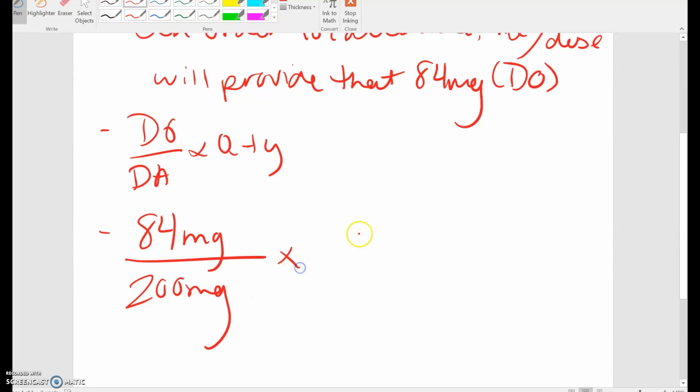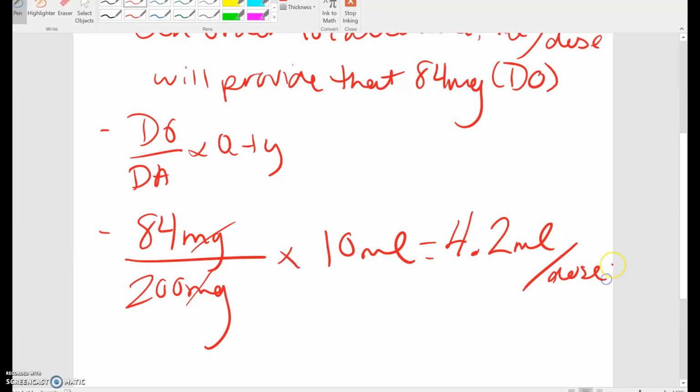And you're going to multiply it by the quantity of 10 milliliters, which is associated to that 200 milligrams. Milligrams cross out. So 84 divided by 200 times 10. The volume per dose is 4.2 milliliters. That is how much the patient should be receiving.